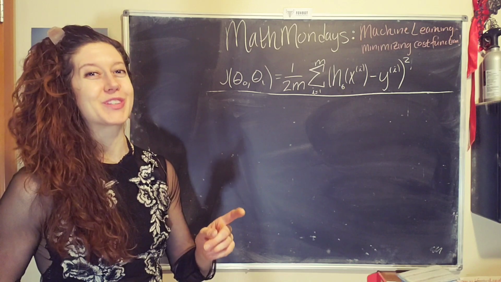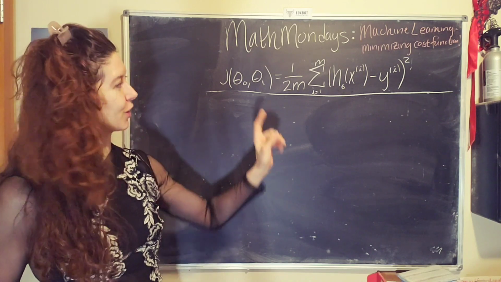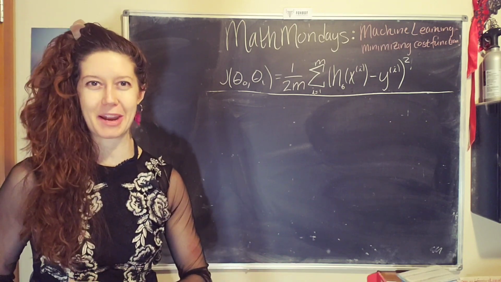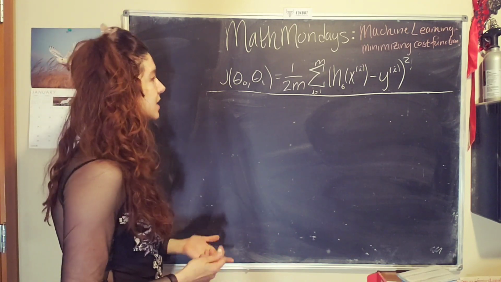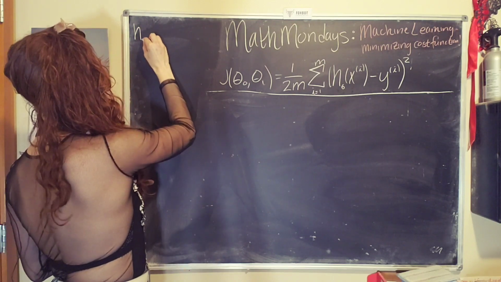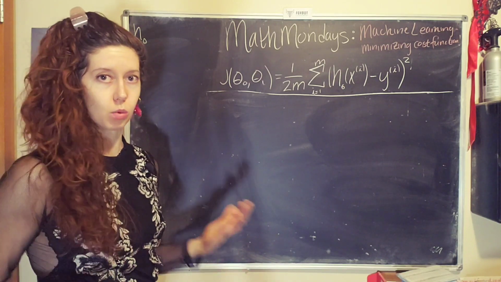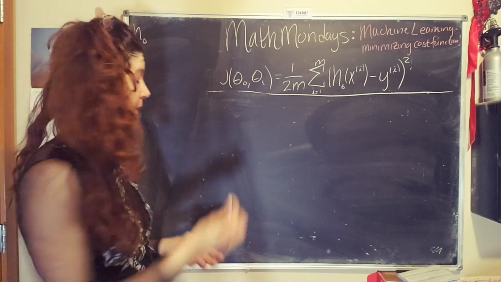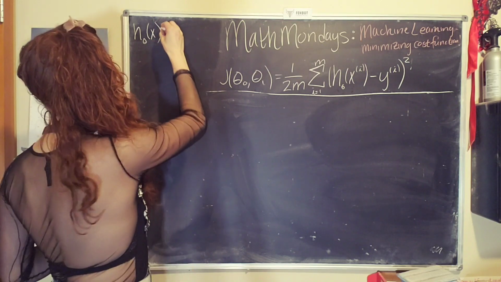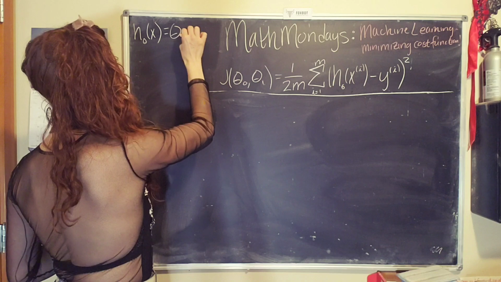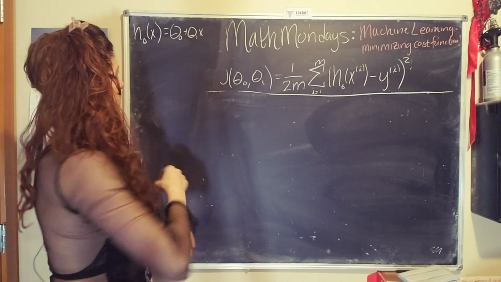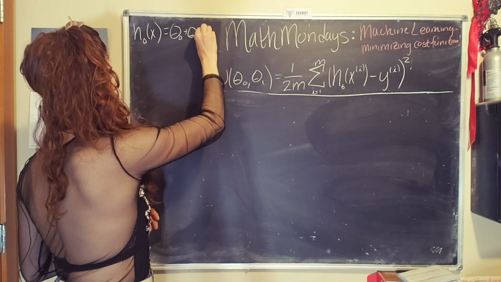But we're going to use our machine learning hypothesis function in for y, since y is already taken up by our data set. So in this case, we have an h theta, which tells us that we're dealing with unknown parameters that we've got to figure out. It depends on x, and it's going to be in the form of theta naught plus theta 1 times x, where x is our variable.